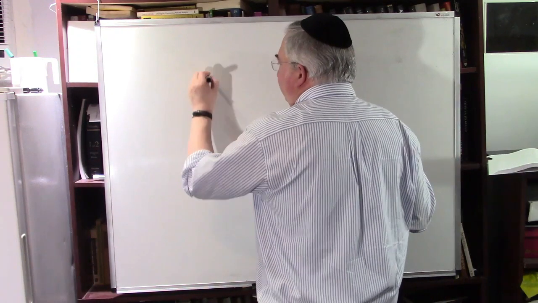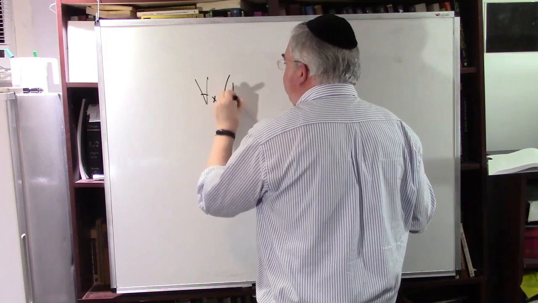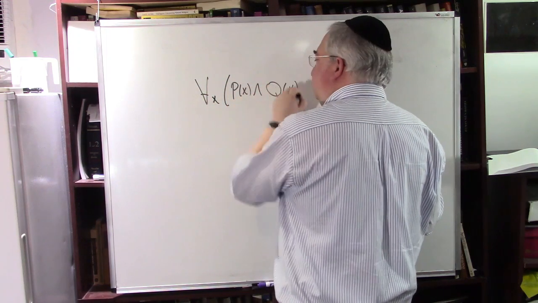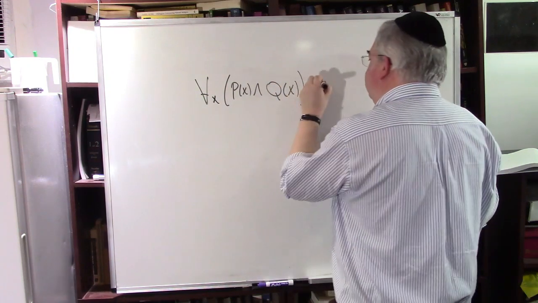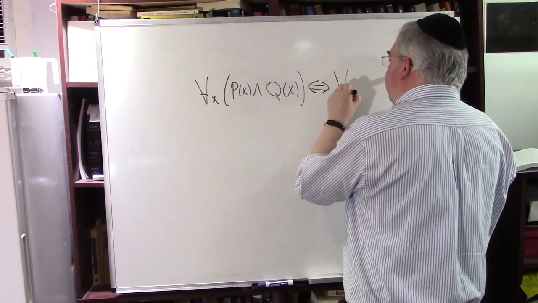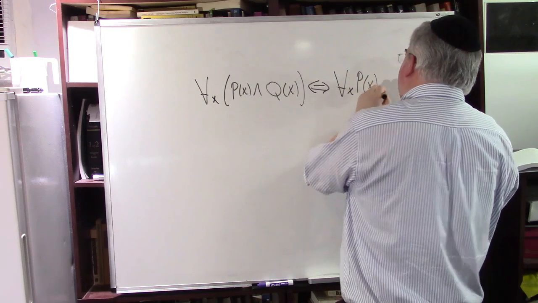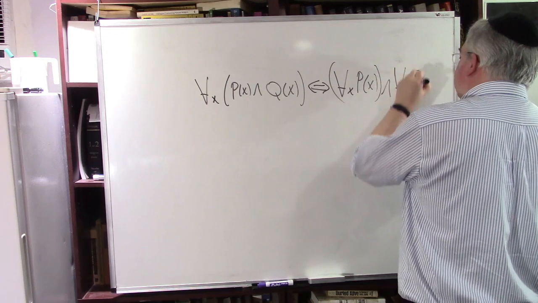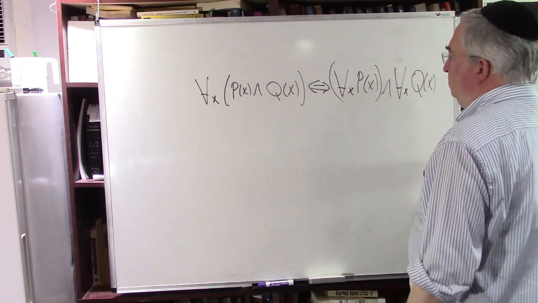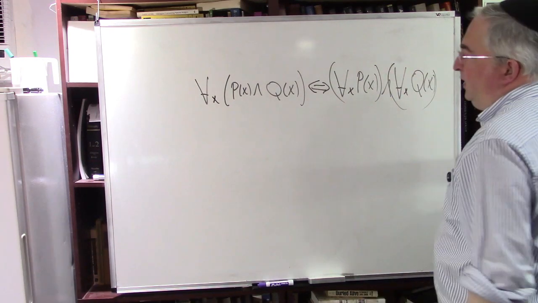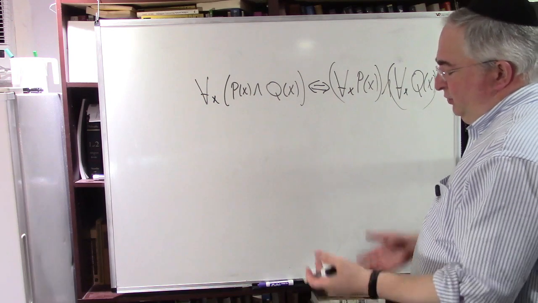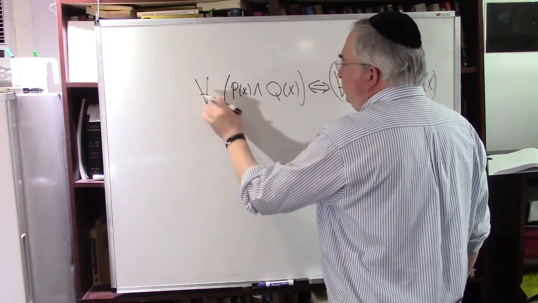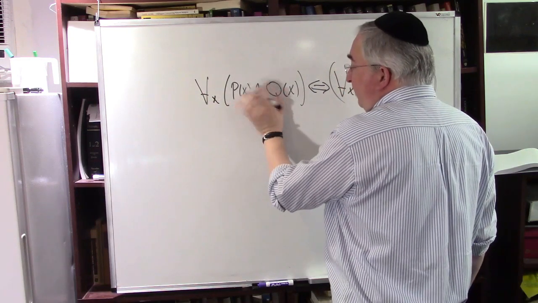Okay, great. Some other theorems go as follows. For all X, P of X and Q of X is logically equivalent to for all X, P of X, and for all X, Q of X. Another reason why this is true is, look, this is just a bunch of ANDs, and each AND you have two of them.